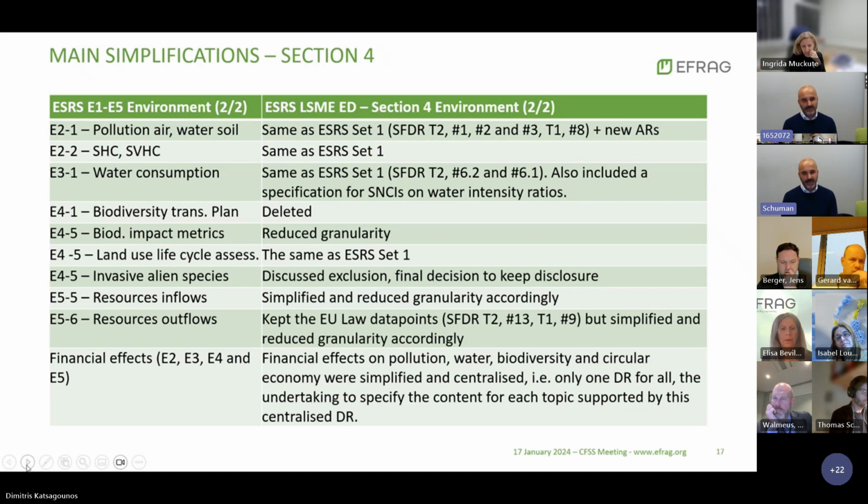In relation to financial effect on all the other environmental topics, so pollution, water, biodiversity, etc., we kept only one DR for all, and the undertaking can specify the content for each topic supported by this centralized disclosure requirement.